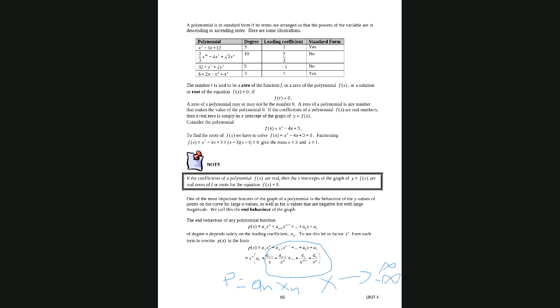All this side will go to 0 because it will be a very large number dividing, so it will eventually go to 0. Can we see that?